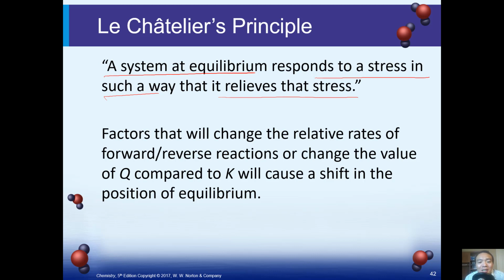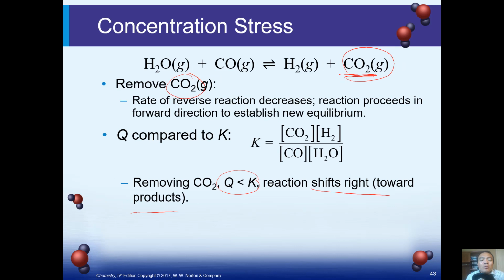But I want to let you know the real reason behind Le Châtelier's principle is because the change of condition has caused either Q and or K to change. So the Q and K are not the same anymore.